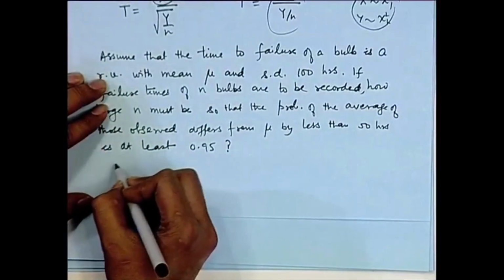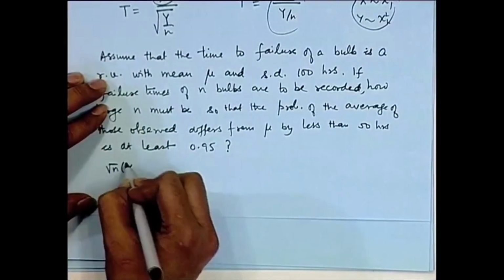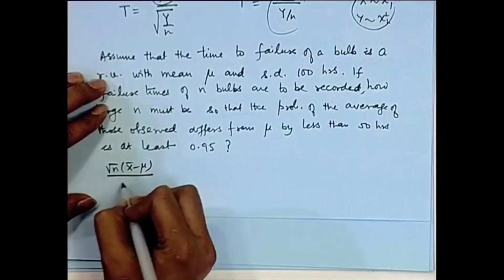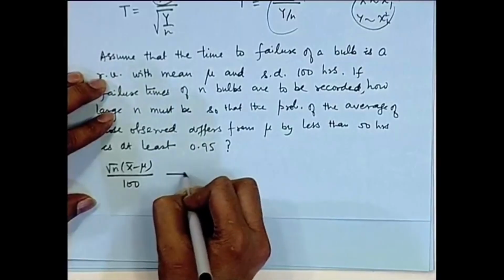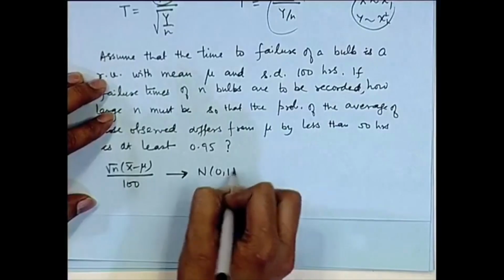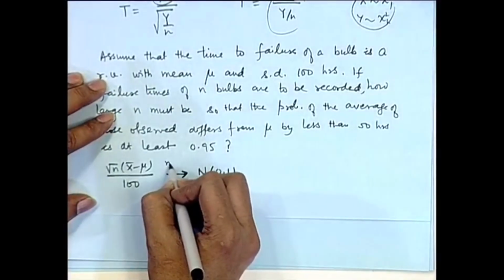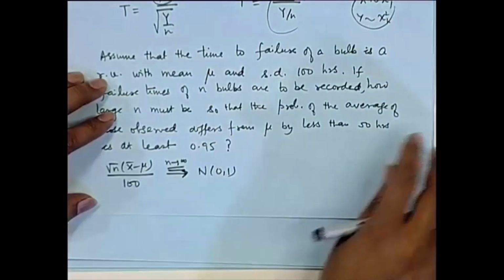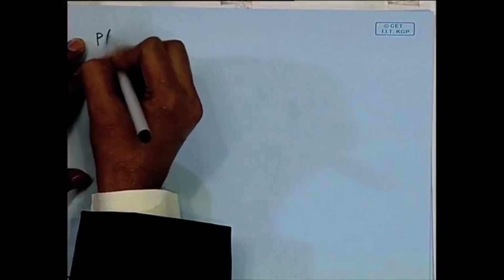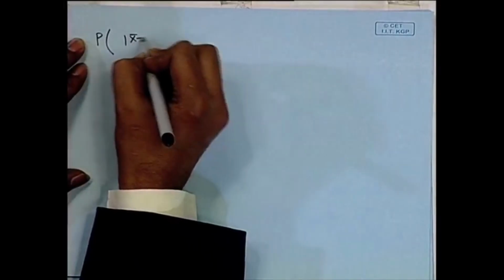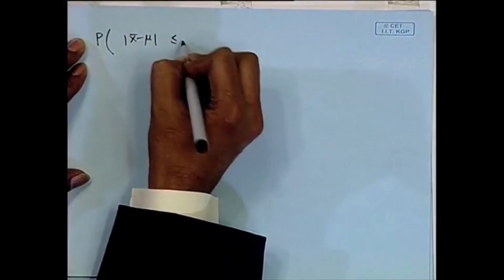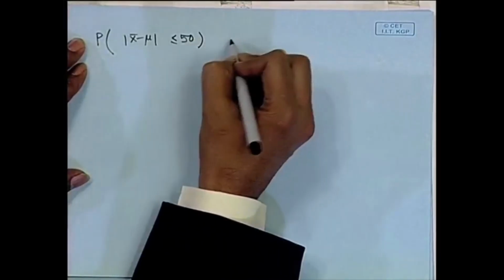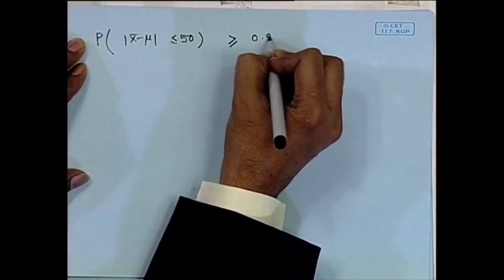So, we will have root n (x bar minus mu) by sigma, that is 100, approximately normal 0, 1 as n becomes large. So, by this we have the condition that probability of modulus x bar minus mu less than or equal to 50 should be greater than or equal to 0.95.